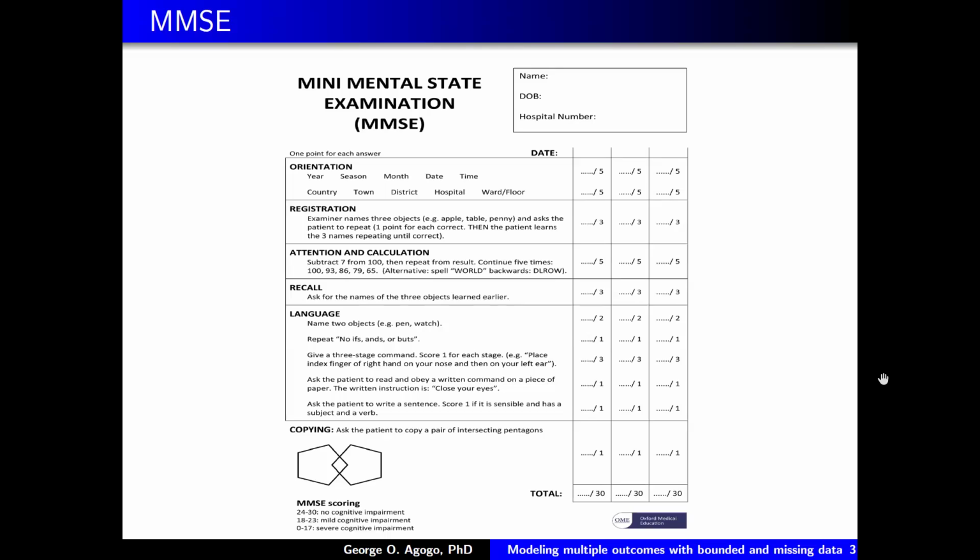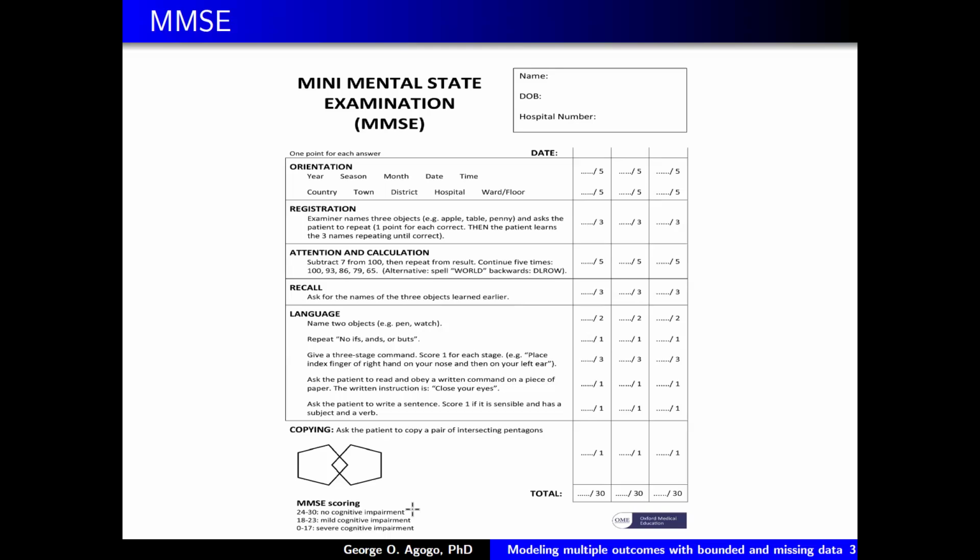And also you test the recall and the language. So if they got all these points, they total up to 30. If they don't get any, they get a 0 score. So that's what is actually bringing in the boundedness of the MMSE score between 0 and 30. And now, if you look down here, I hope you're able to see, we have the scoring categorization here.